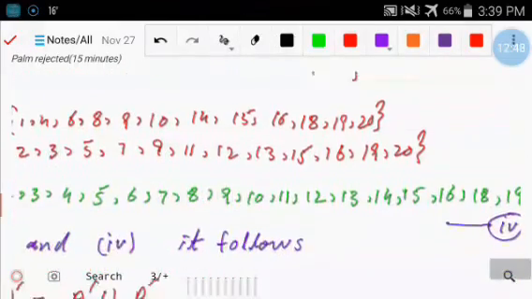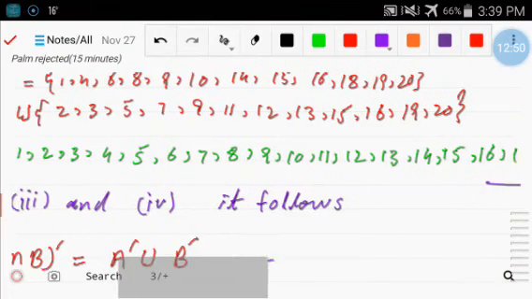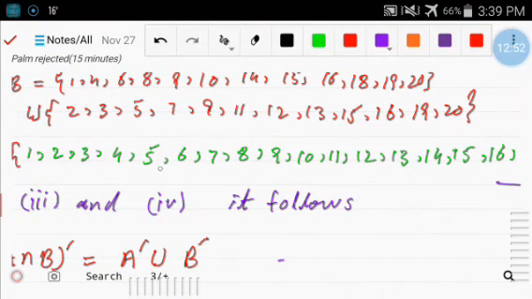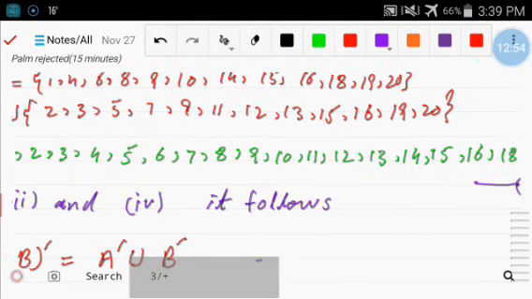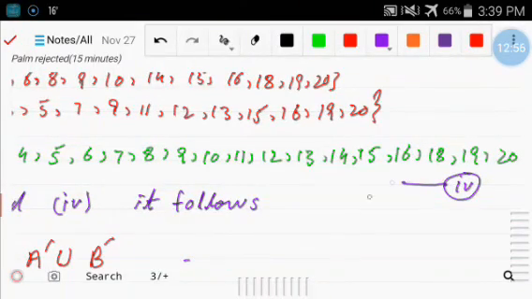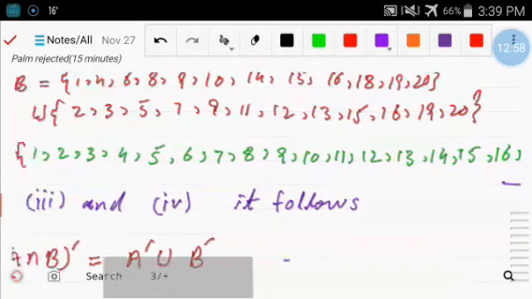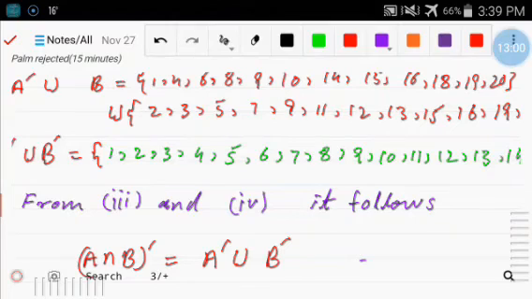Similarly equation number 4 is equal to 1, 2, 3, 4, 5 except 17. So A intersection B whole complement is equal to A complement union B complement.